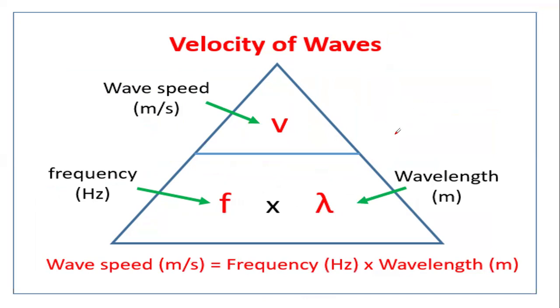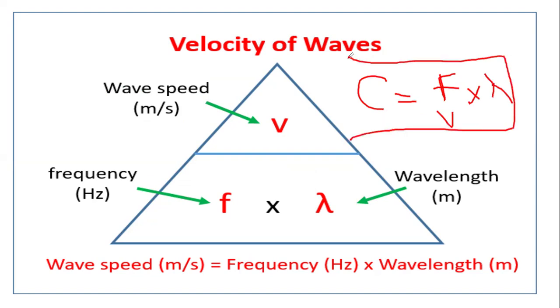Wave speed, I said, is represented by c under this topic. It just equals frequency, which can be represented by f or v, multiplied by lambda, which is the wavelength. Very important equation to know. So master this equation and how to make each quantity the subject.